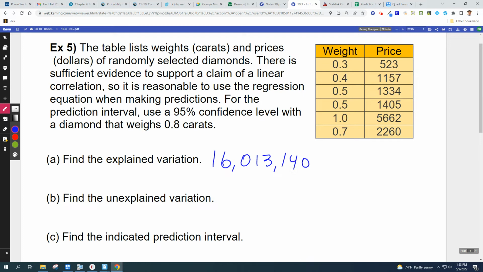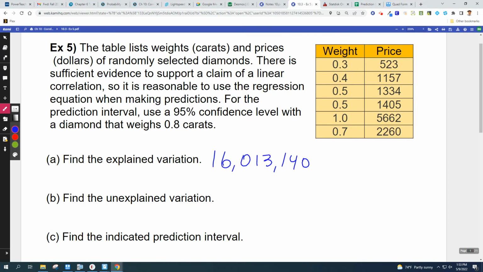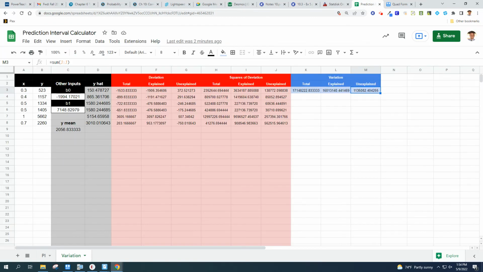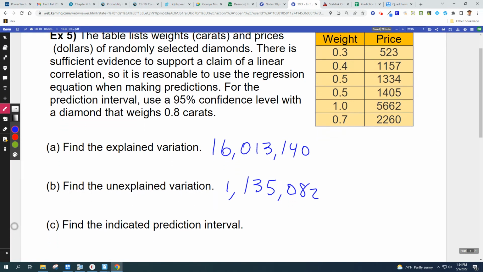Then for the unexplained variation is this number over here. Looks like 1,135,082. I think that's what that said. Yeah, all right. Okay, pretty easy if you can use that spreadsheet.